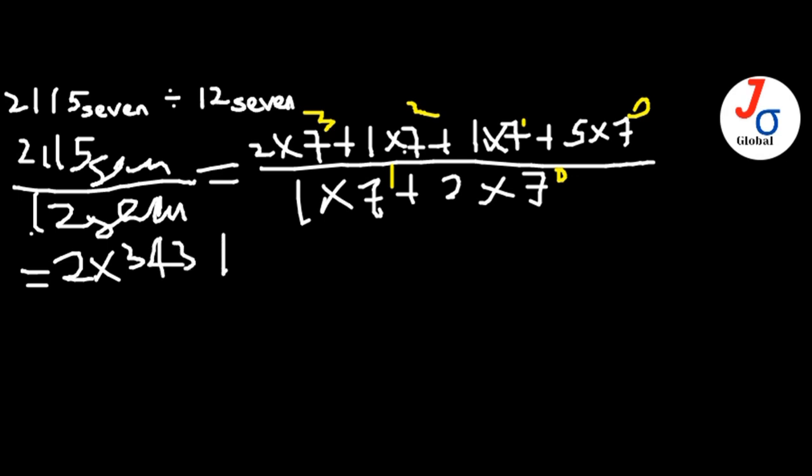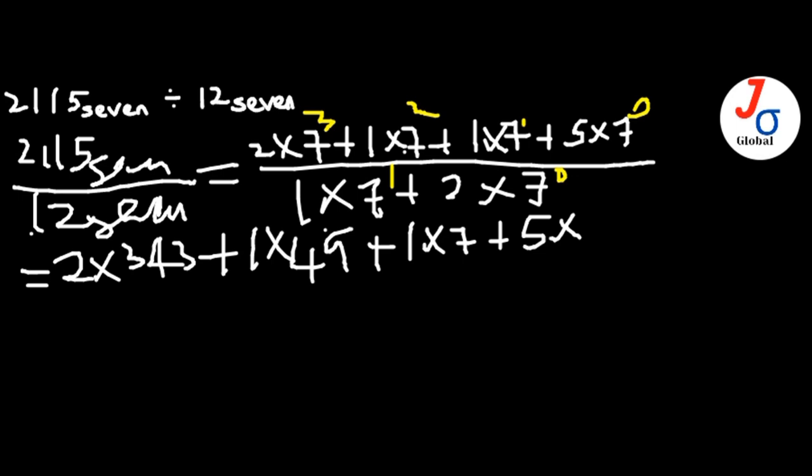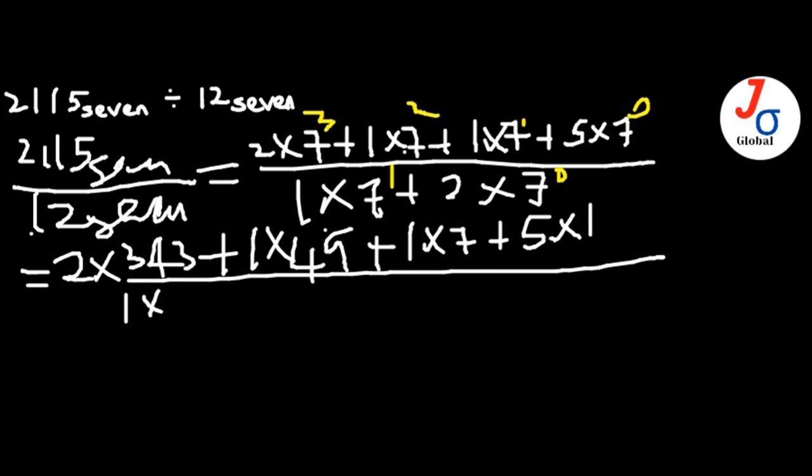Then plus 1 times 7 to the power of 2, which is 49, plus 1 multiplied by 7 to the power of 1, plus 5 multiplied by 7 to the power of 0, which is 1, over 7 to the power of 1 is 7, plus 2 times 7 to the power of 0, which is 1.